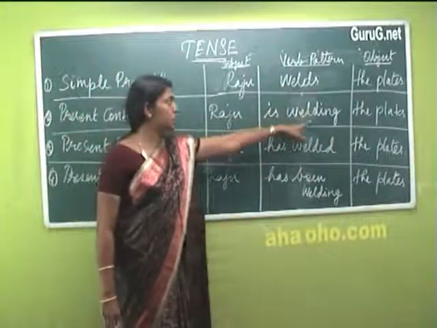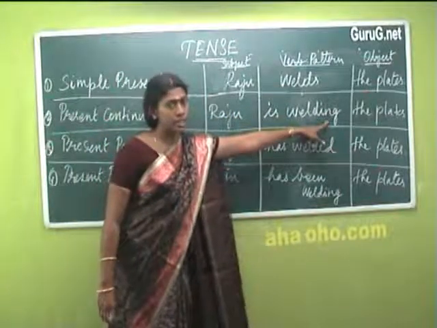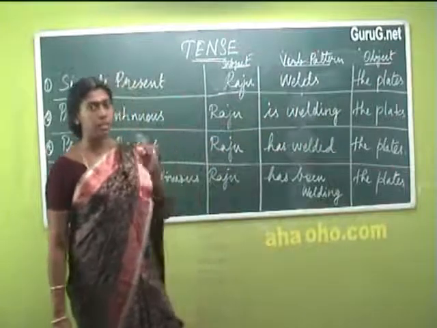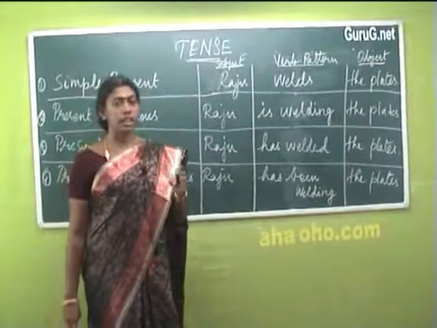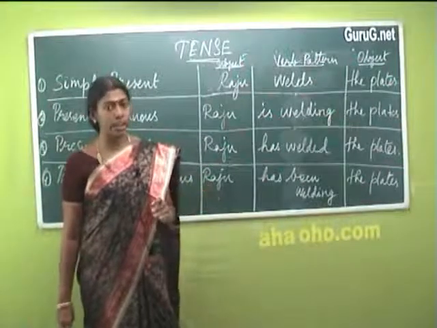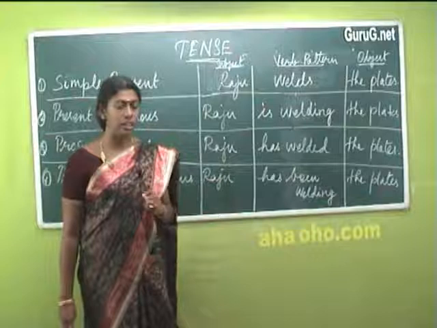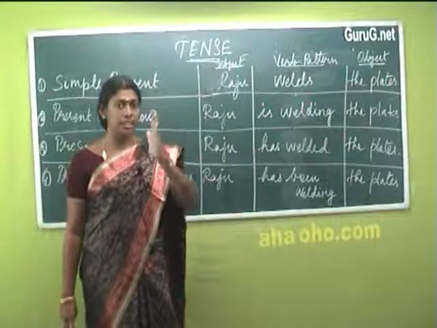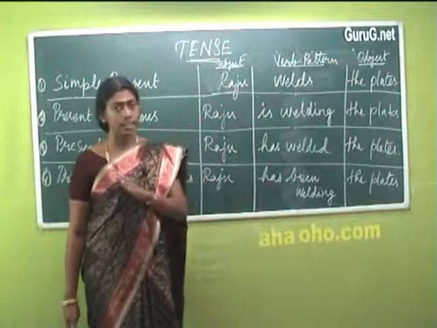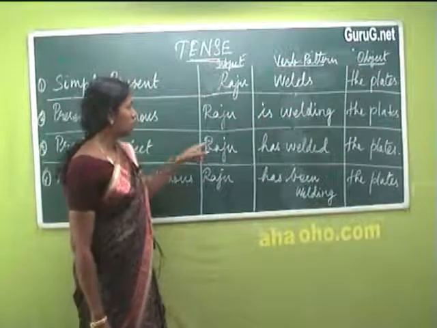The present tense verb plus ing is called a present participle verb. Weld plus ing, welding, is a present participle. Eat plus ing, eating. Sing plus ing, singing. Draw plus ing, drawing. Paint plus ing, painting. So a present tense verb plus ing addition is called a present participle.